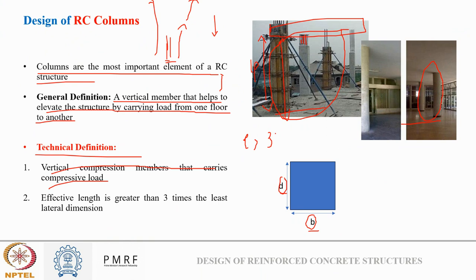Okay, so if this is greater than three times the minimum of b or d, then I will say it is a column. So this is how we technically define the column. Okay, so this is the definition: length must be greater than three times the minimum of breadth and depth.